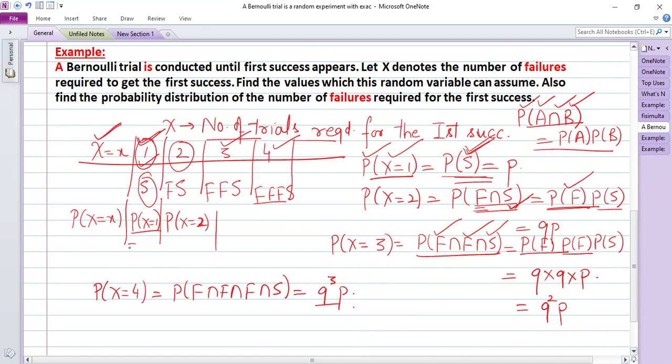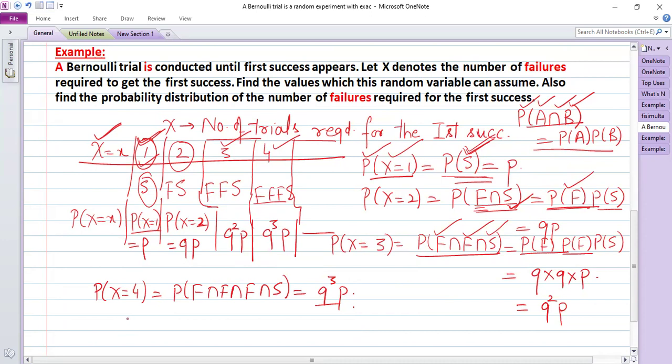So here what we have is P. Here we have Q into P. In the next we have Q square P. And in the next we have Q cube into P, and going on. So these are the probabilities. One thing, my tables are not proper, means the lines are not that straight. But in your exam, please do take care that the table is constructed properly.